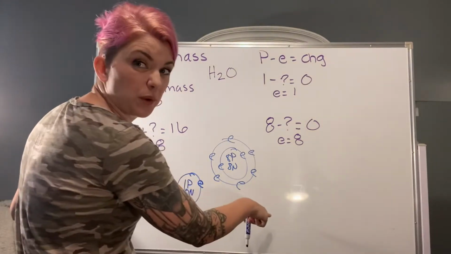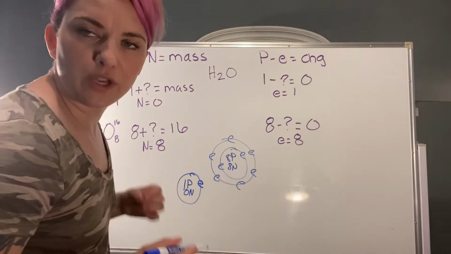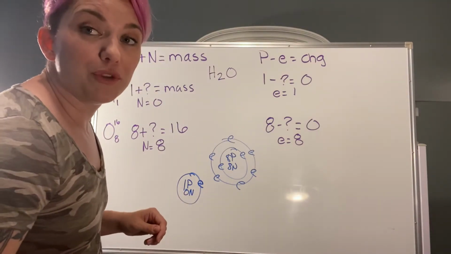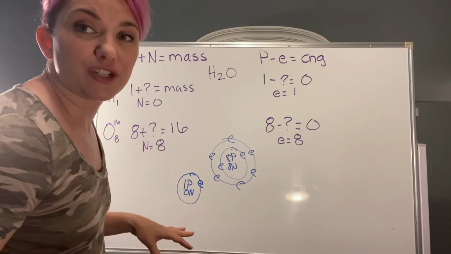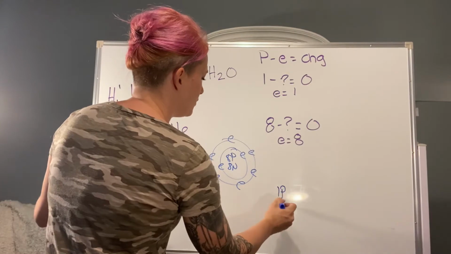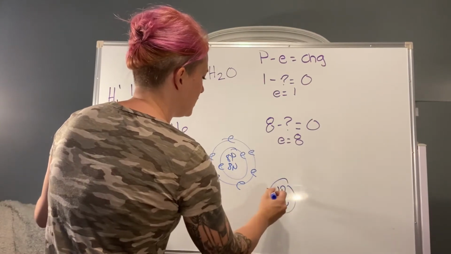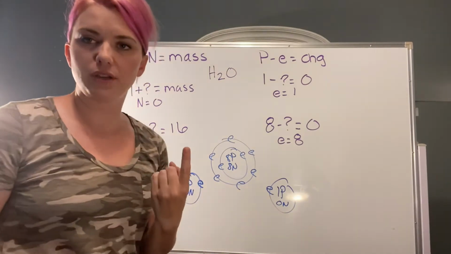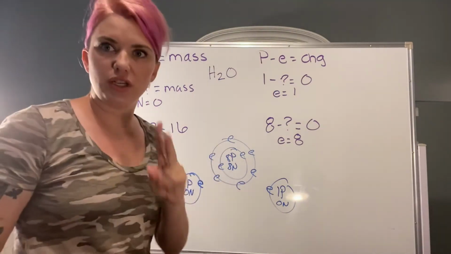I'm going to draw the other one over here too. Oftentimes when you're drawing CO2, you put the carbon in the middle and the oxygens on the side just to help you with the drawing. So each one of these hydrogens needs 1 electron to be happy, and this oxygen needs 2.